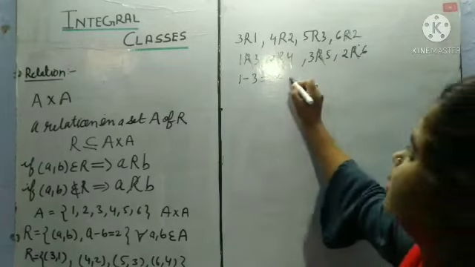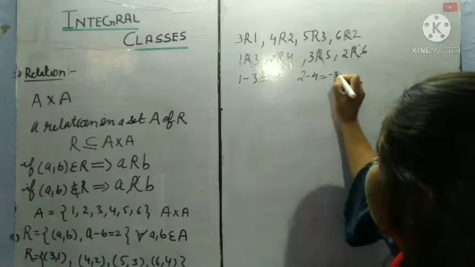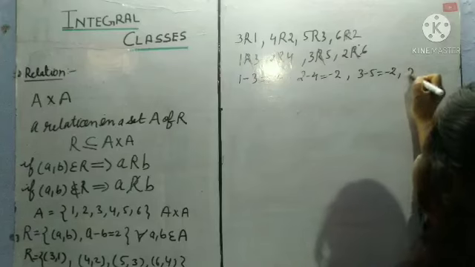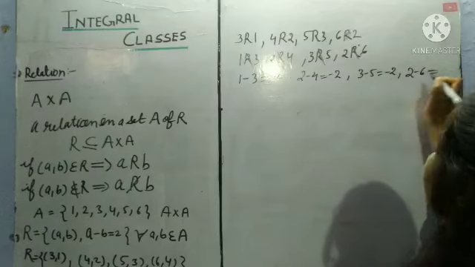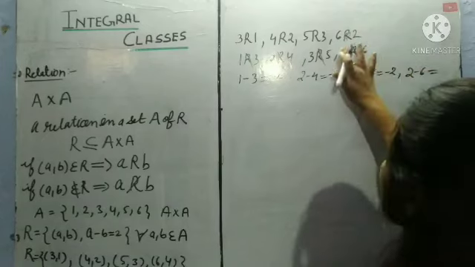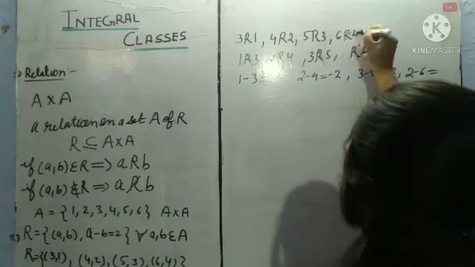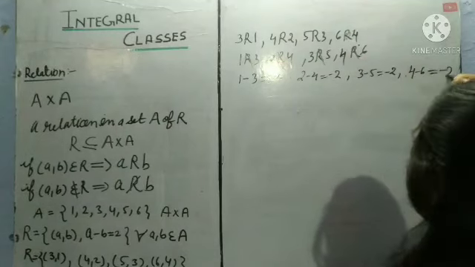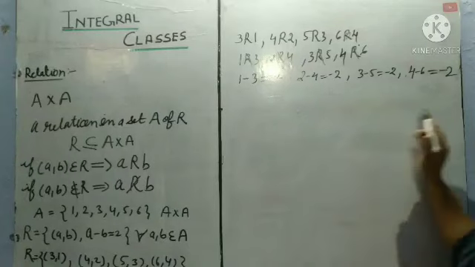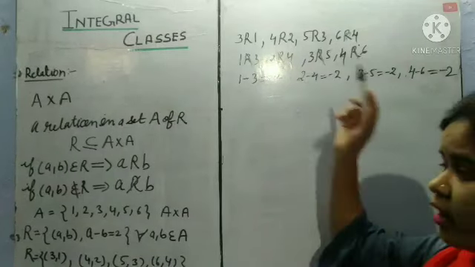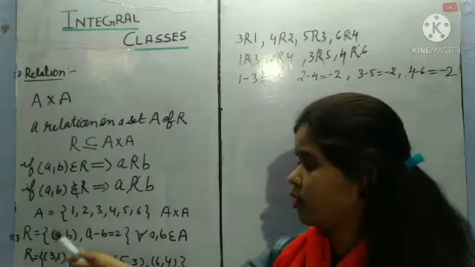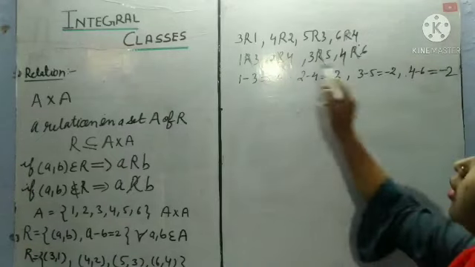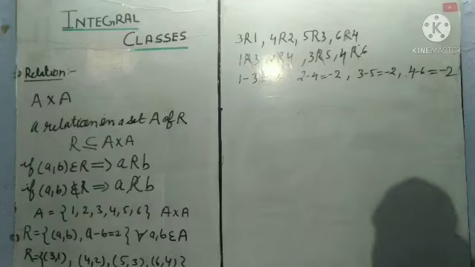In all of these conditions, 2 minus 4 is minus 2, 3 minus 5 is minus 2, and 4 minus 6 is minus 2. In all of these conditions we get minus 2, which does not belong to this relation, because in this relation we get only positive 2. So these are not related under this relation.